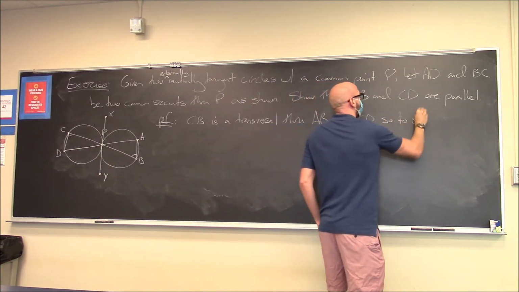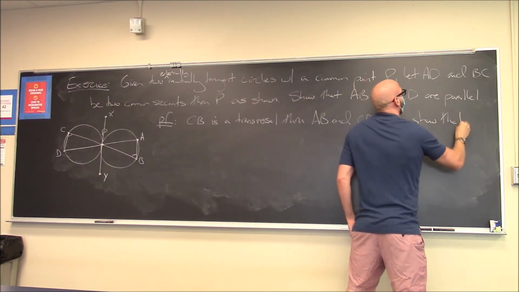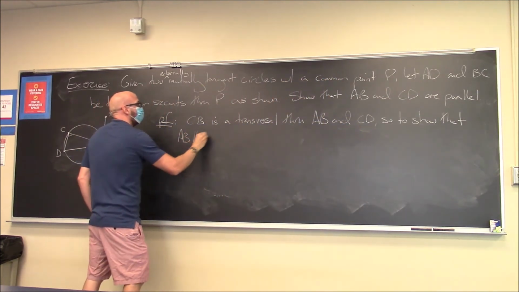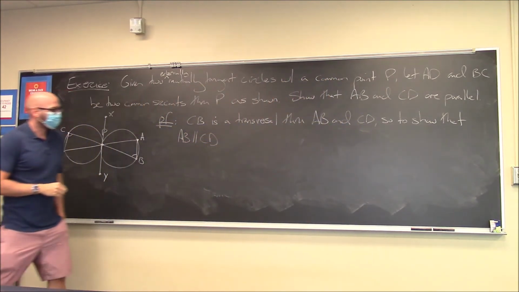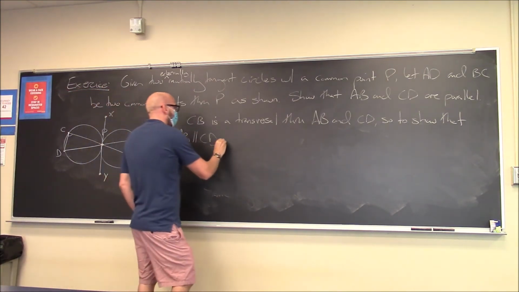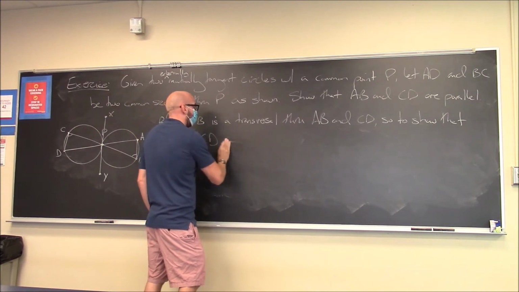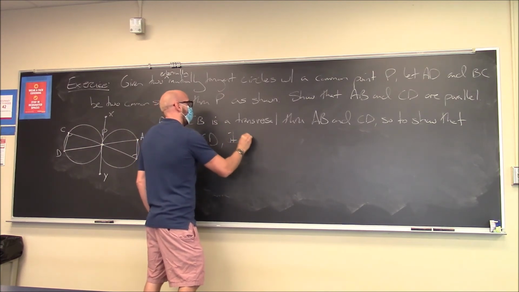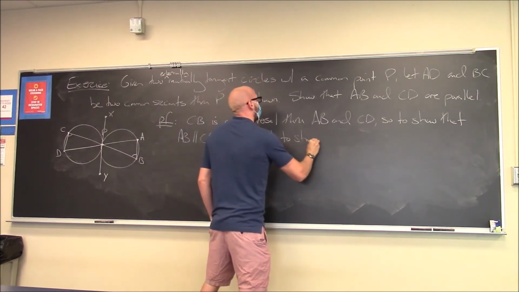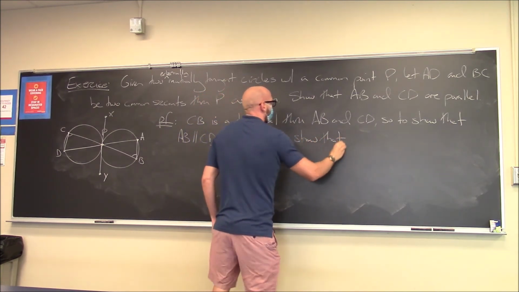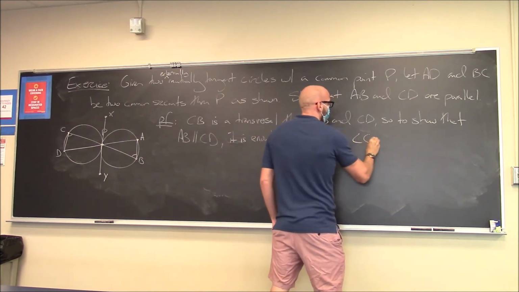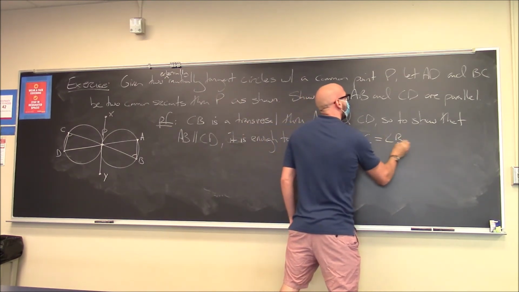So to show that AB is parallel to CD, again, just using some shorthand notation here, it is enough to show that angle C is equal to angle B in degrees.